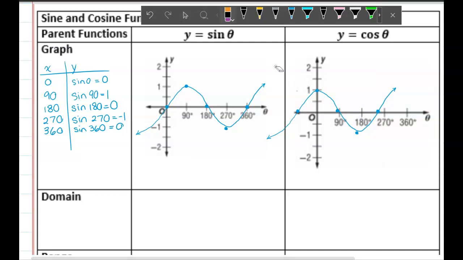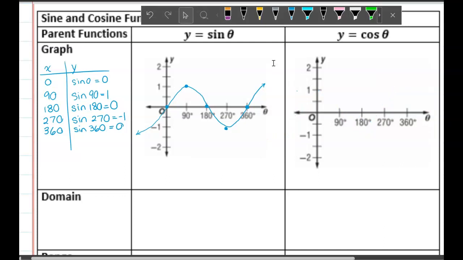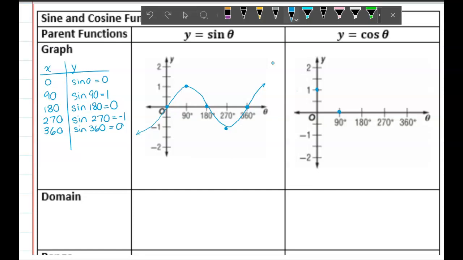Looks like I missed the mark a little bit when I was placing this, so I'm going to try to redo it here for you. The cosine of 0 is 1. Cosine of 90 is 0. Cosine of 180 is negative 1. 270, 360 would be back up here at 1. So this curve comes down, goes up, and so on in both directions infinitely.